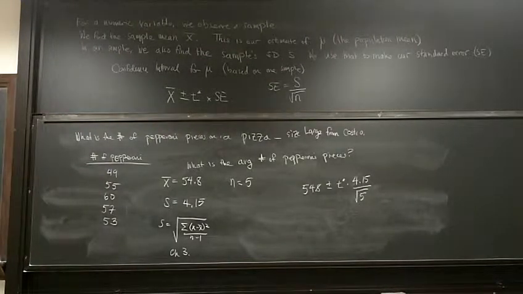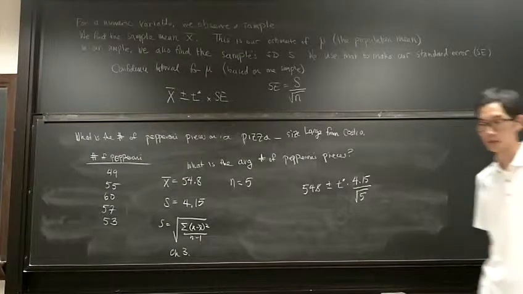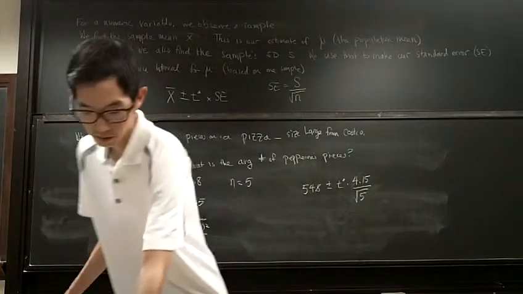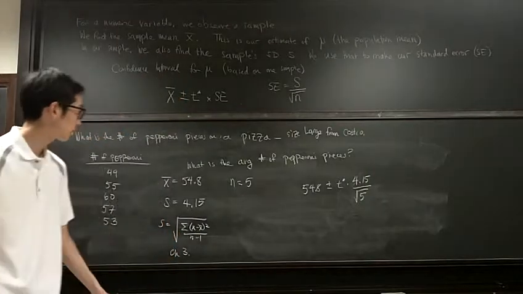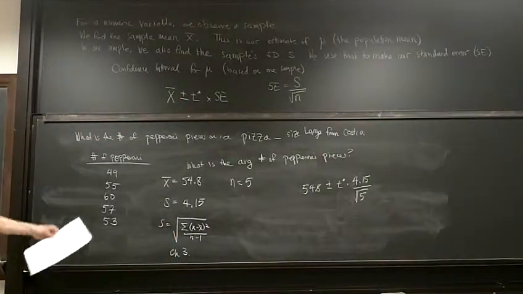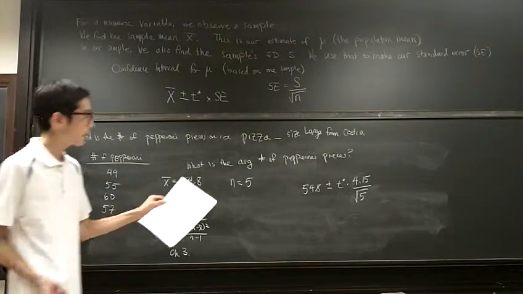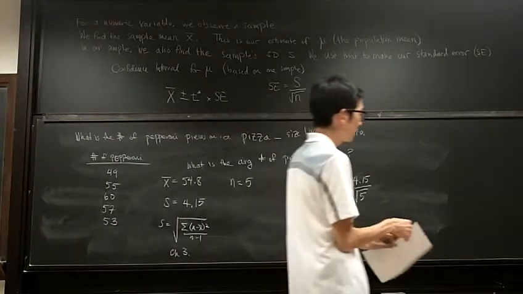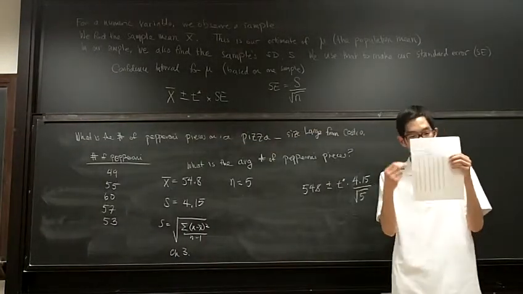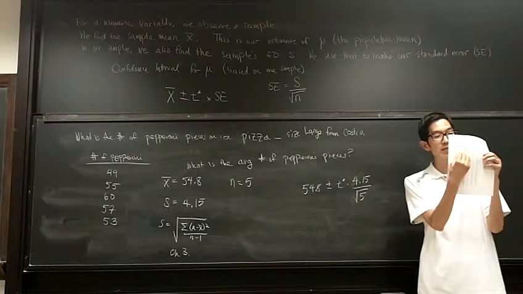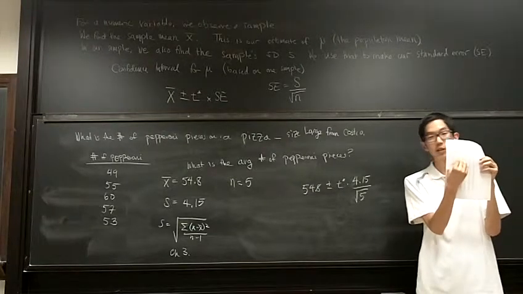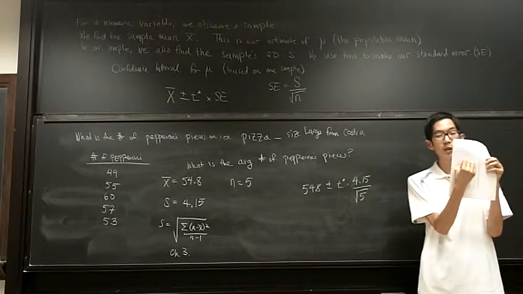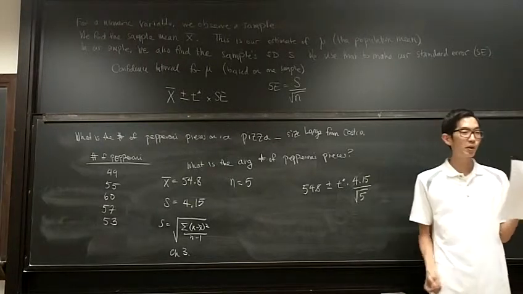This is where we're going to use our table to figure out our t star. For a 95% confidence interval, I'm going to go to the column that says confidence level 95%, right above the thing that says t.025.